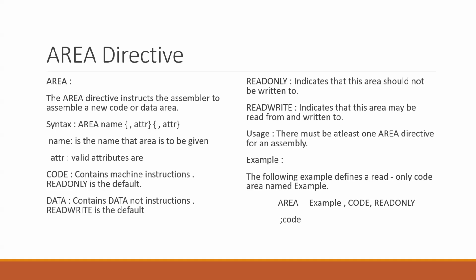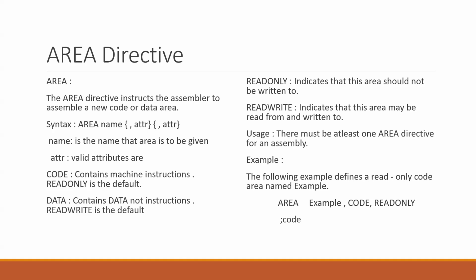The valid attributes are CODE, which contains machine instructions, that is, the area includes only programs. By default, the code area is read-only. Next, it can be DATA, where the data area includes only data but not instructions.